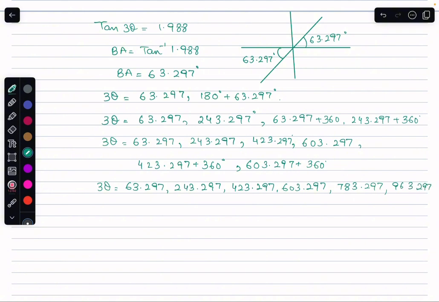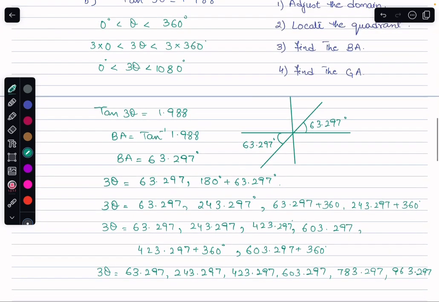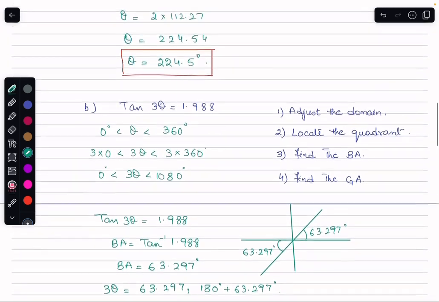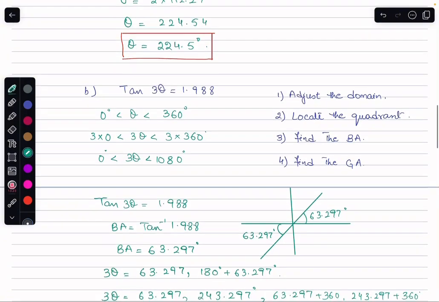So these are the 6 angle values which we can have for 3 theta. That means 3 rotations, 6 values, and they confirm our domain, which was from 0 to 1080 degrees for 3 theta. But the question has asked us to get the theta value.